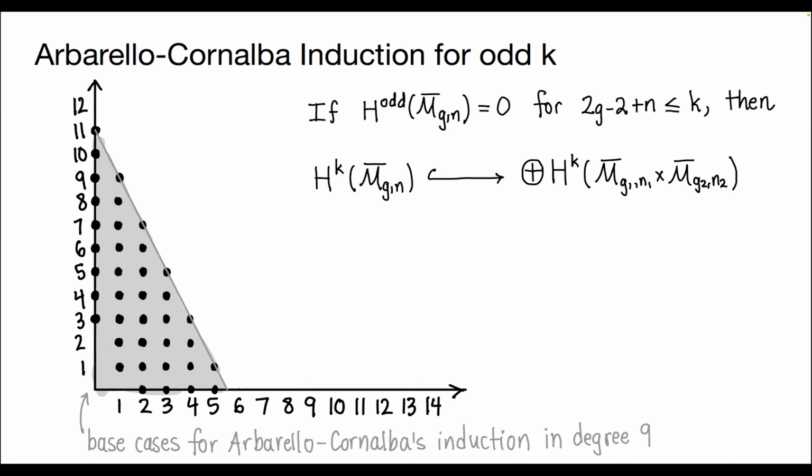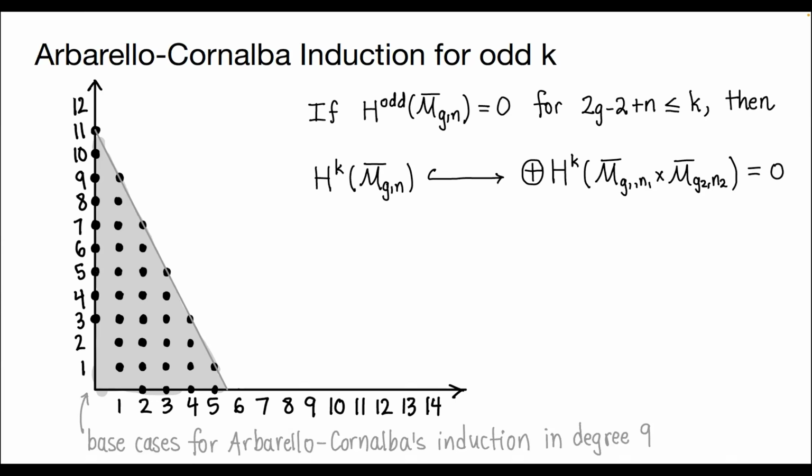And now this is really useful for induction, because let's look at this right-hand side. Remember, k is odd, so when I decompose this into Künneth components, at least one of the degrees in that Künneth decomposition is also odd. And then these really are smaller moduli spaces, so I can inductively assume that their odd cohomology vanishes.